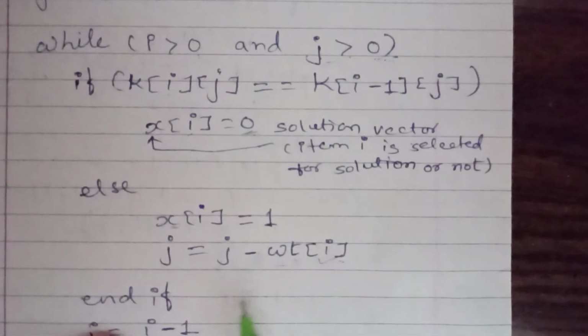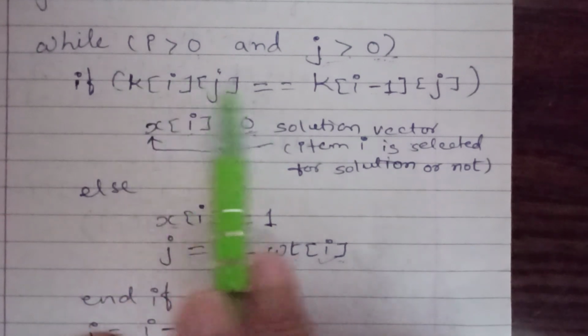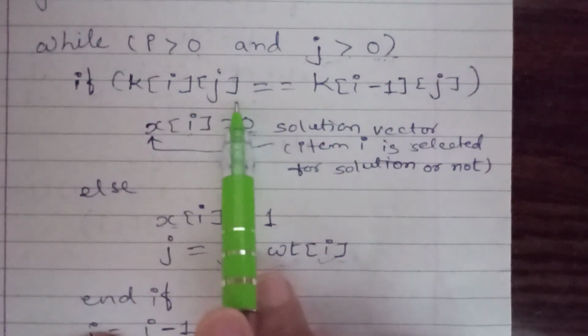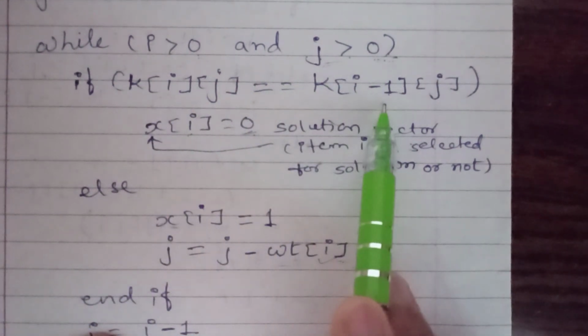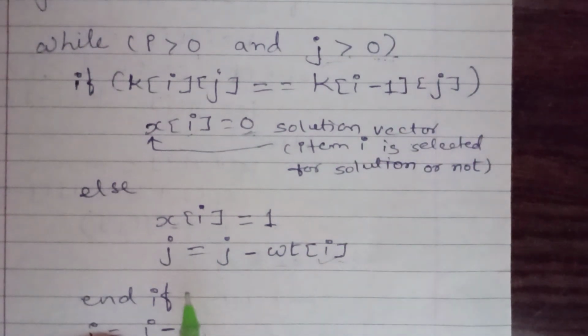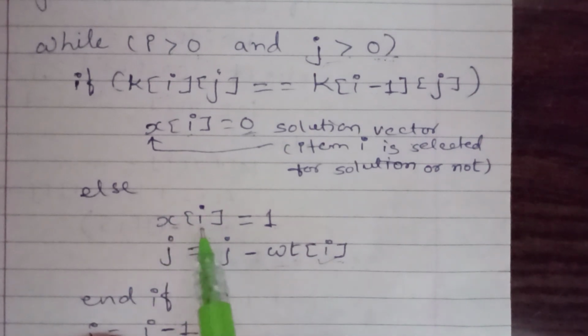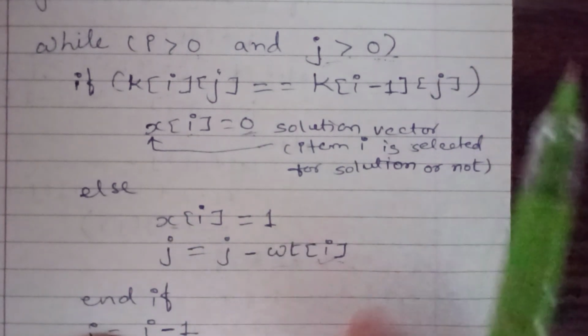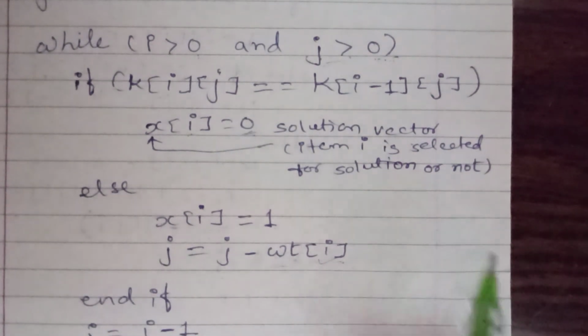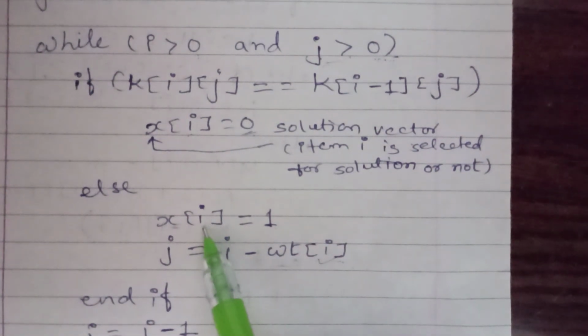Else, that means this condition becomes false, K of I, J not equal to K of I minus 1, J, so we determine that the ith item is selected as a solution. So we put x of I equal to 1. Now when we have selected the ith item, it is occupying some weight in the bag.